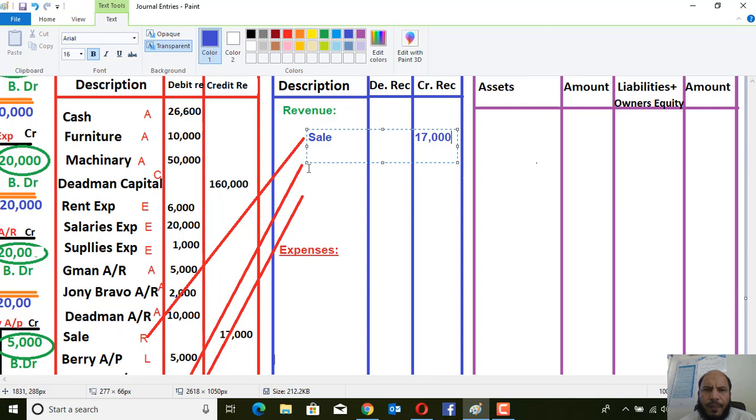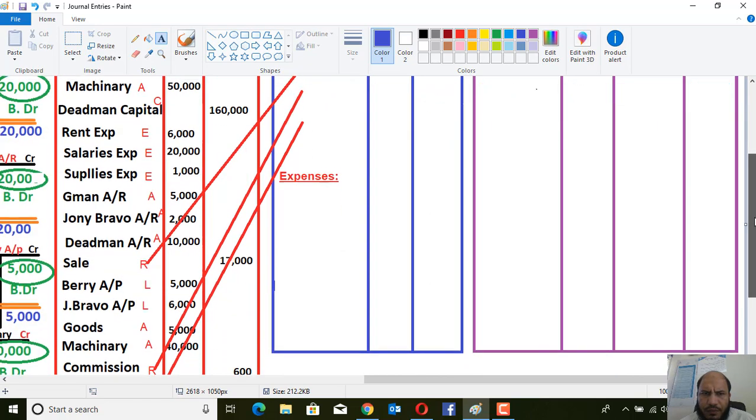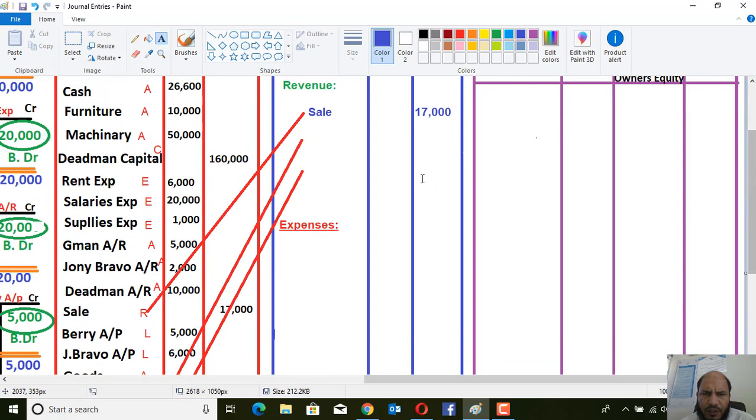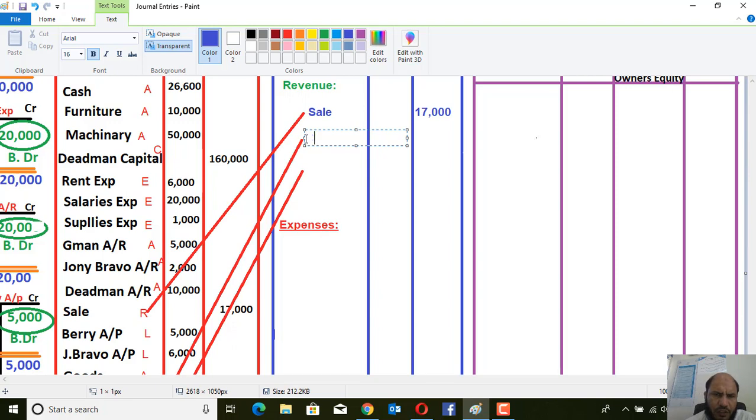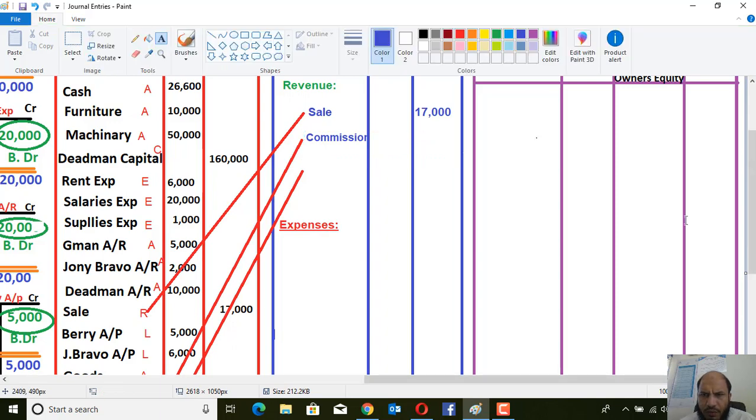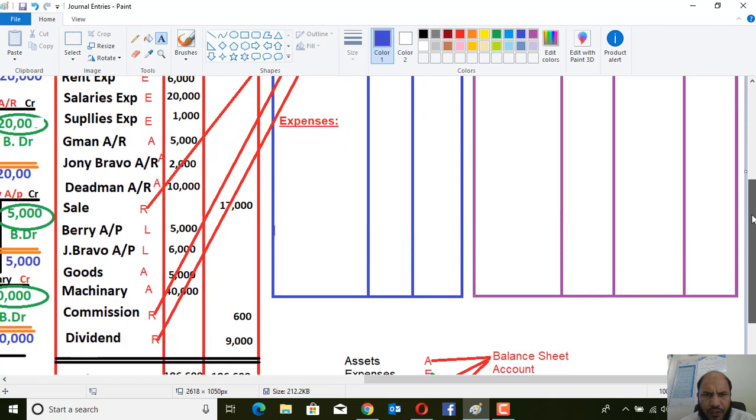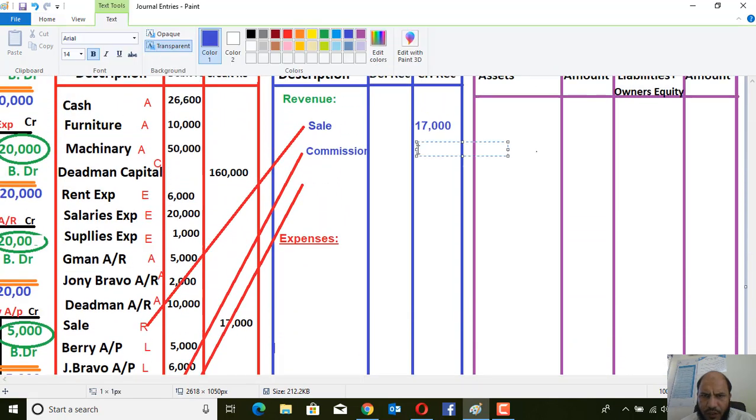This is about sale. Second, we have another account by the name of commission. So see dear students, our second account is called commission. Commission is also a credit entry, so let's record it over here at the credit side. The commission balance is 600 rupees.